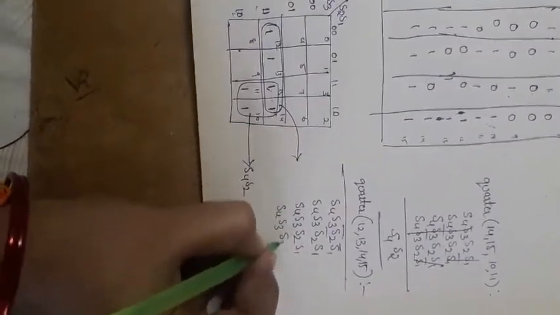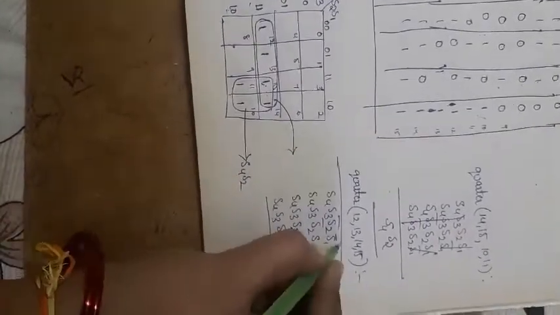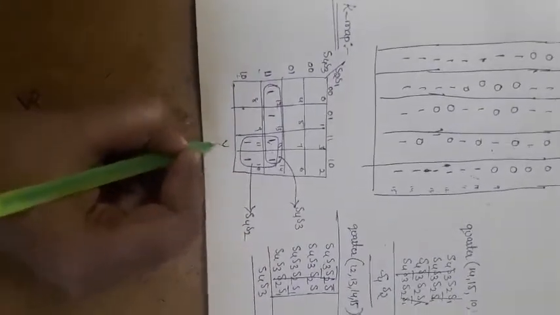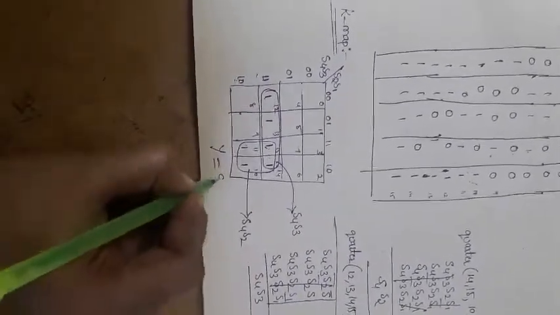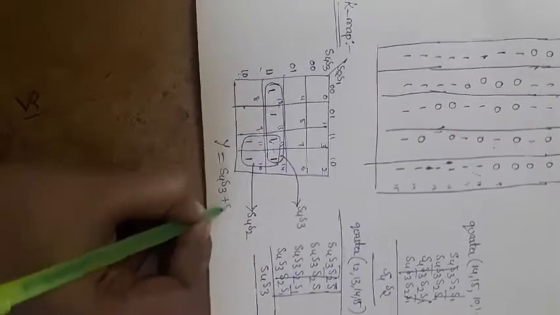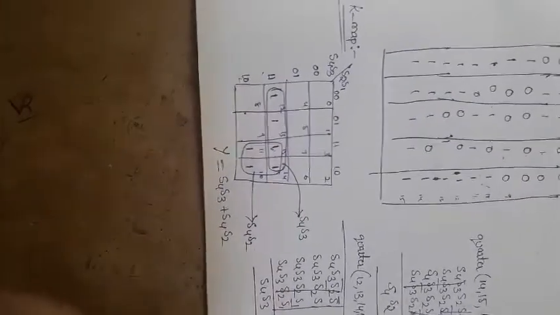For the last one, 14, it is S4, S3, S2, S1 complement. Here S1 and S1 complement cancel, S2 and S2 complement cancel, so we get S4 S3. This prime implicant result is S4 S3. Now adding the prime implicants, the output is S4 S3 plus S4 S2.